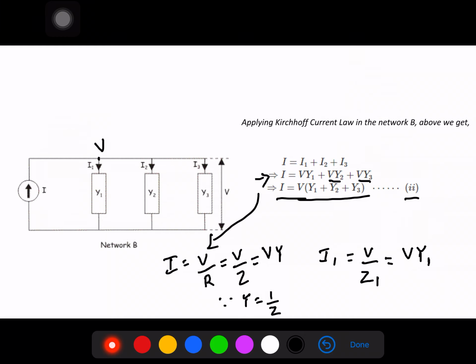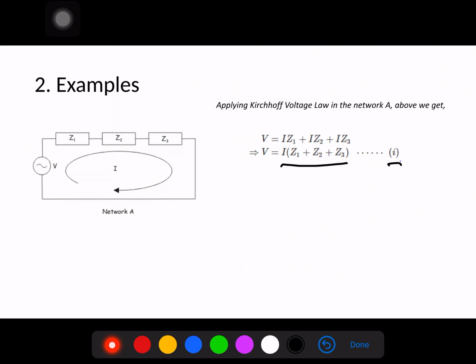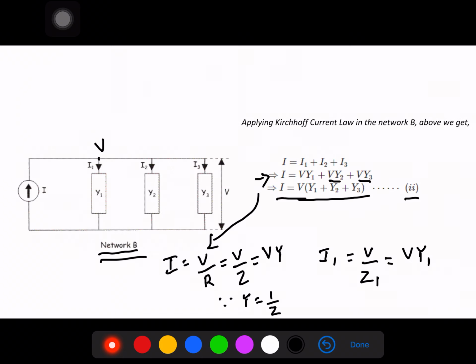So that is why network B and network A we call dual of each other. Basically they are equivalent circuits, only written in different forms. They have their equations in different forms and their circuits in different forms, but they are actually one and the same, right? So this is what we call the duality principle.